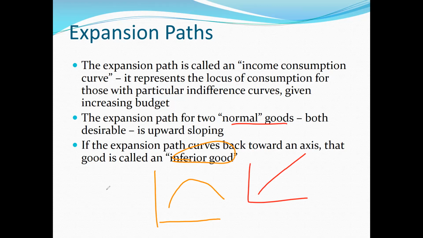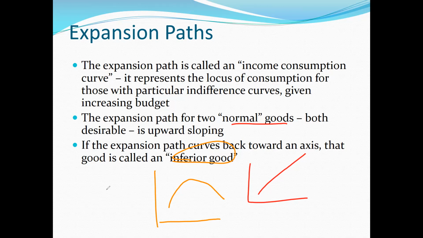Now, this is an interesting question. Can you think of an example where an expansion path could curve backwards? Does this sound very unusual to you, or do you think it could happen?